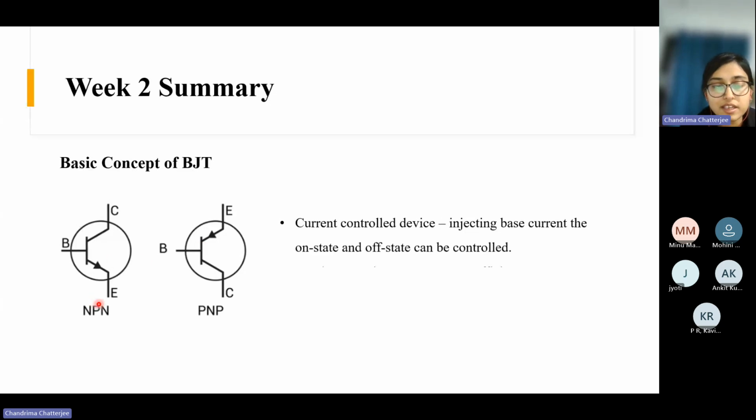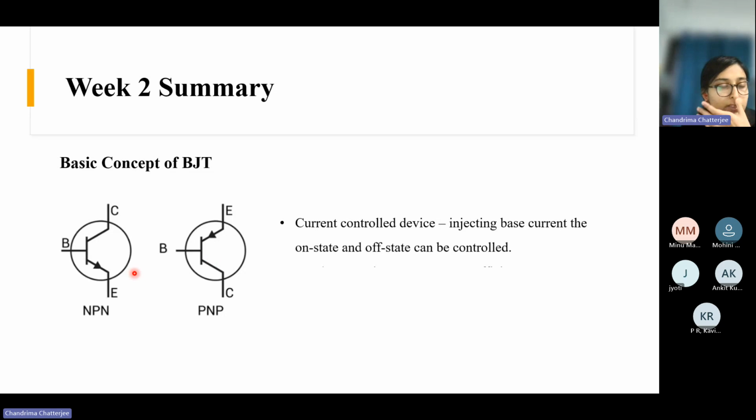The first one is an NPN transistor, the kind of symbol where the arrow points outward at the emitter. Another one is the PNP transistor. Here you see the emitter is above, the collector is at the bottom, and the base is the same.